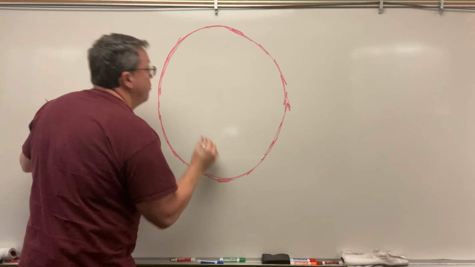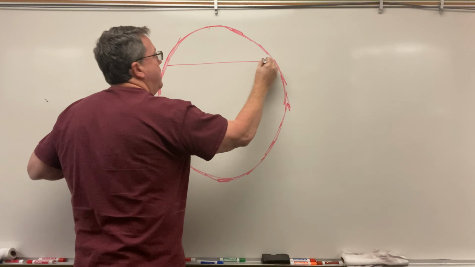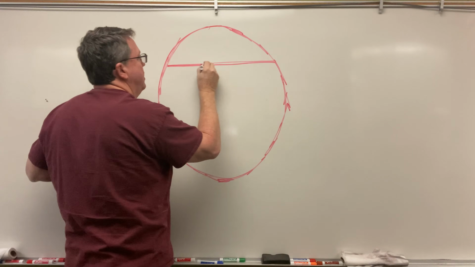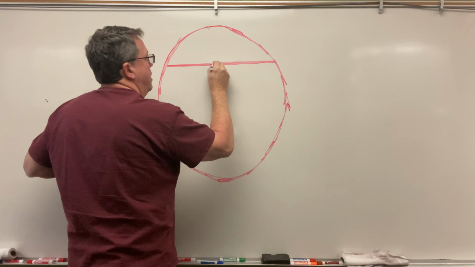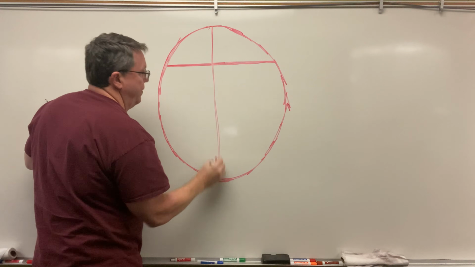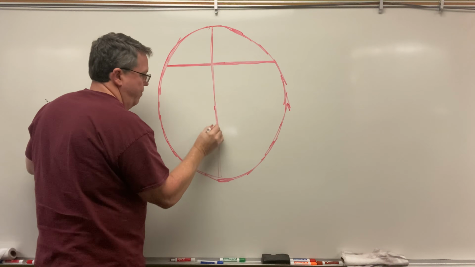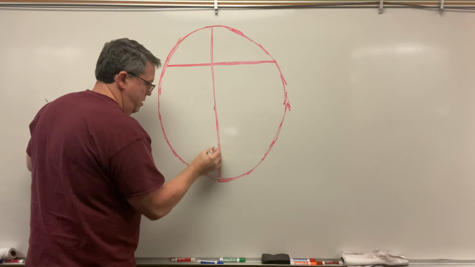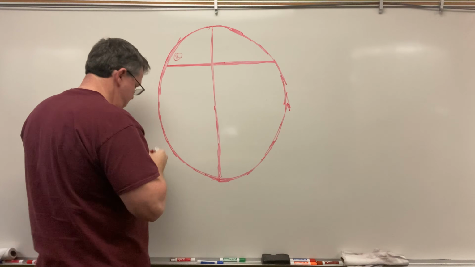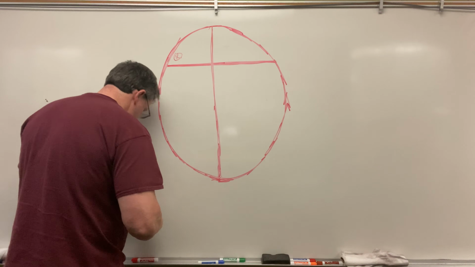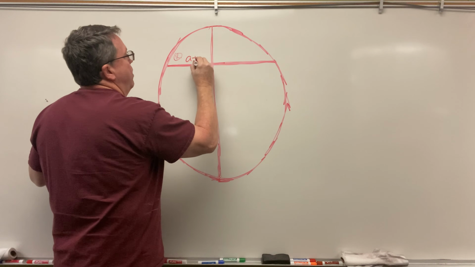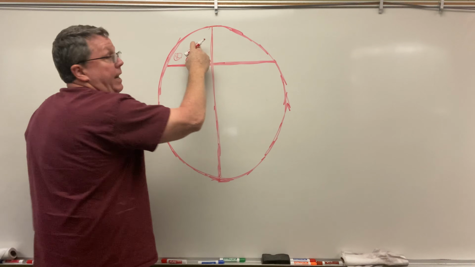So on the top part are the atria. That's going to be up here, and then on the bottom part we have something called ventricles. So this is my right atrium, and this is where blood enters the heart.